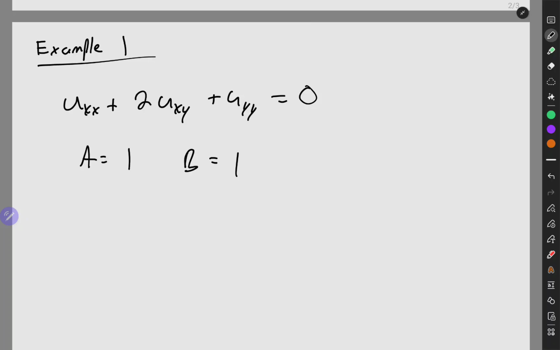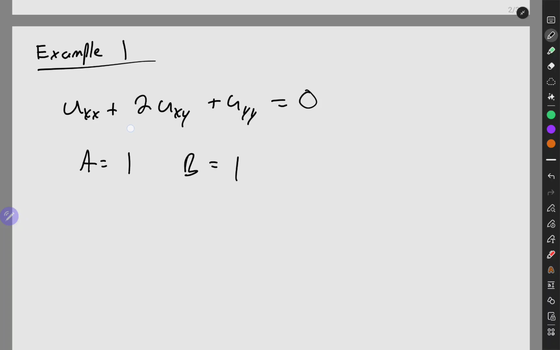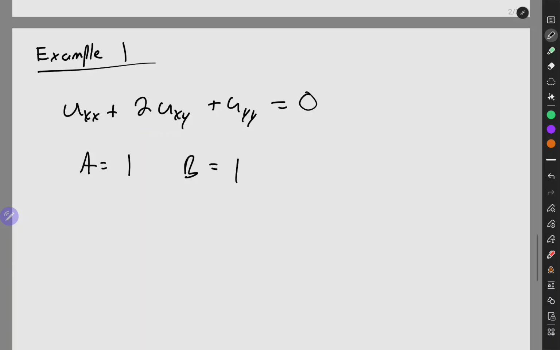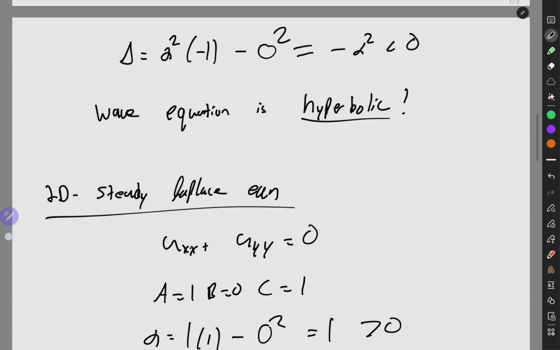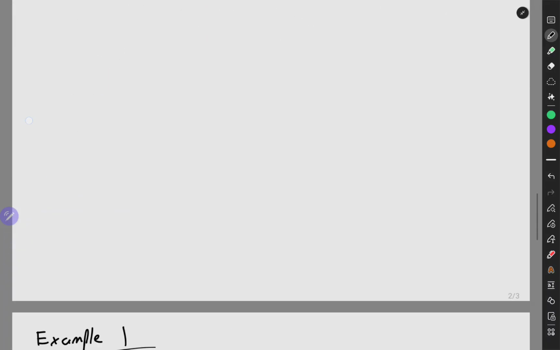Remember, because the definition is 2b uxy, b is 1, right? The 2 doesn't change anything here. And our c is 1. So everything's 1. So our discriminant is just 1 times 1 minus 1 squared, which is 0. If it's 0, it is parabolic.